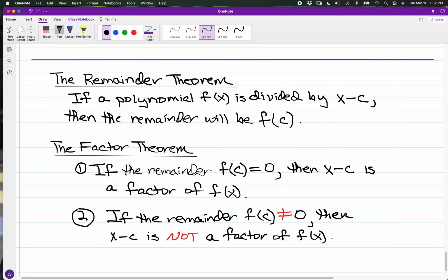And just like in the case of synthetic division, whenever the last column totaled 0, which was the remainder, this affirmed that the divisor we were working with is a factor of the dividend. And we'll look a little bit further into the remainder and the factor theorems.